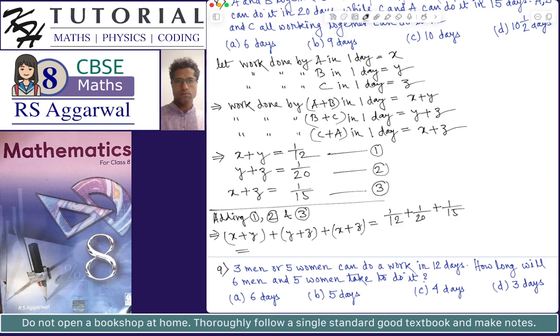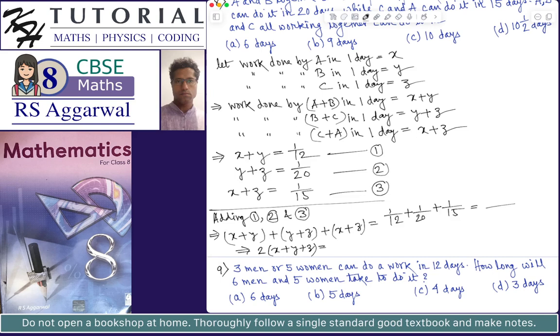On the left hand side, X is occurring 2 times, Y is occurring 2 times and Z is occurring 2 times. So we can say 2 into X plus Y plus Z is equal to 1 by 12 plus 1 by 20 plus 1 by 15.